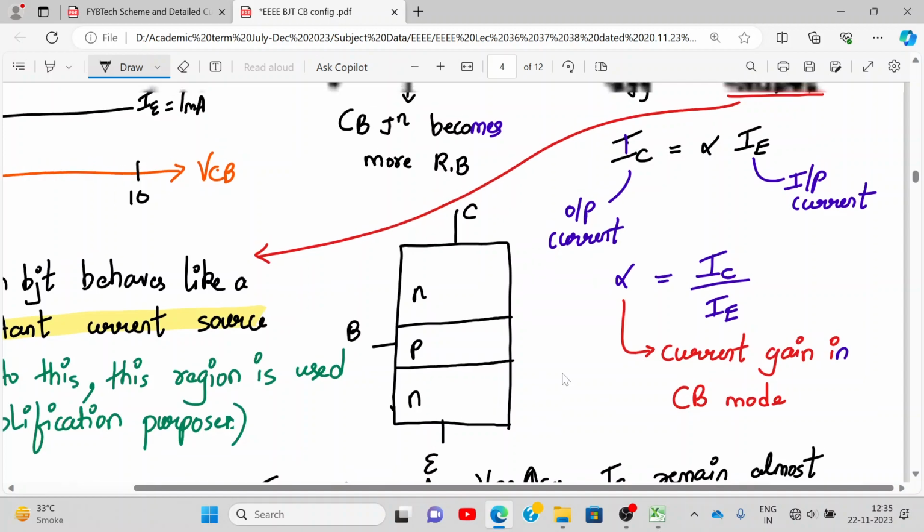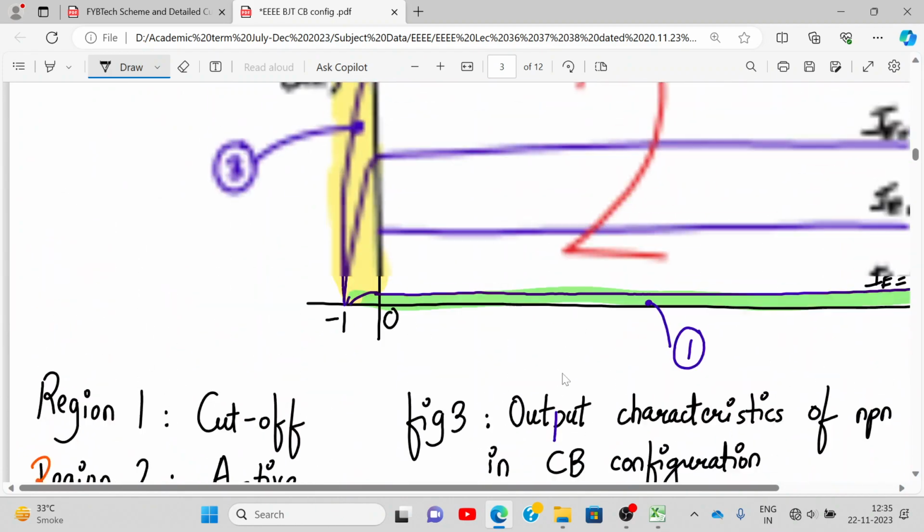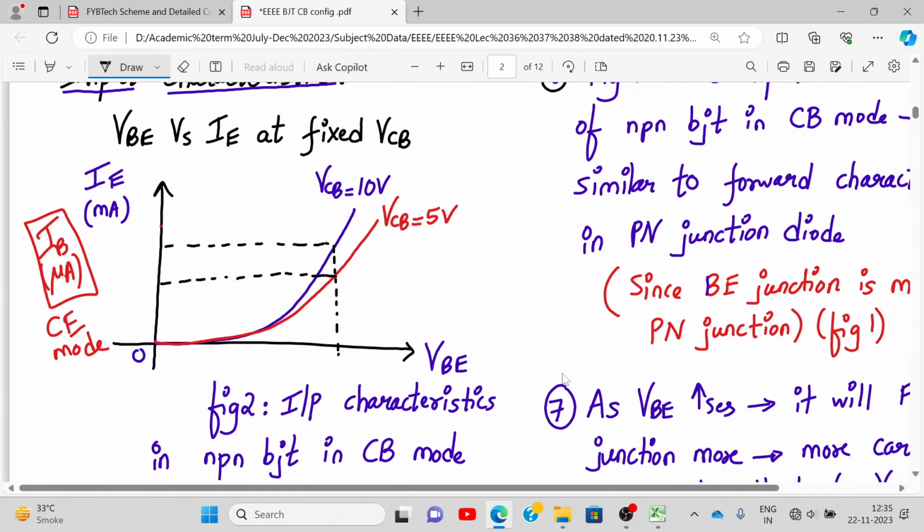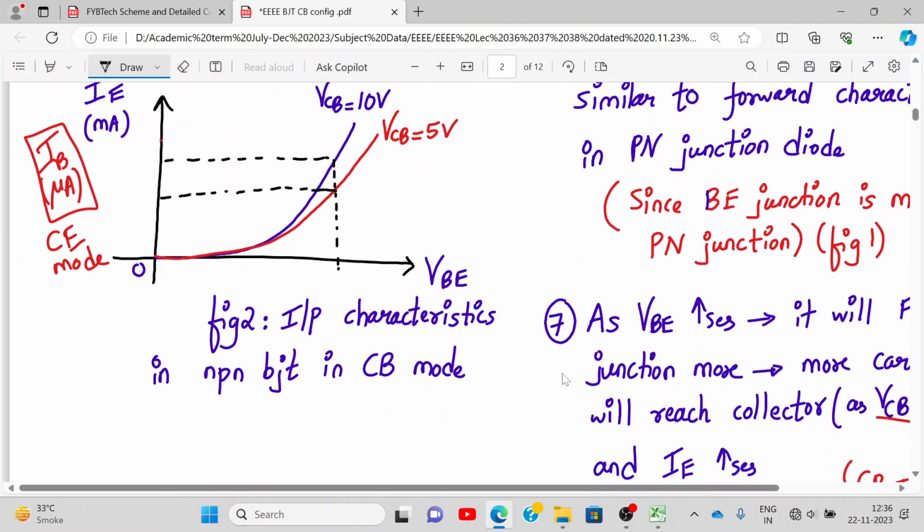Now, what is my input current? IE. What is my input voltage? VB. IE constant means what? If my emitter current is constant, at what value? At my value VB constant. Are you understanding? I can get the input current constant when I keep VB constant. If IE is constant, VB will be constant only.